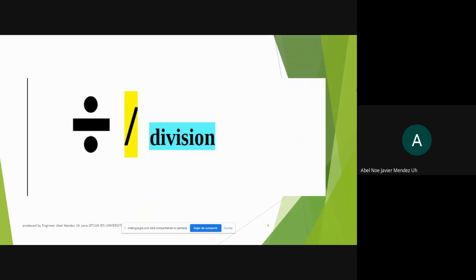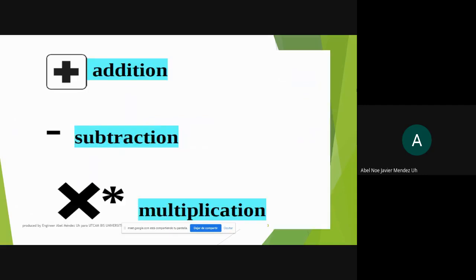The operation of division we denote by this symbol. The addition is denoted by this symbol, the plus. The subtraction is denoted by this symbol, the minus. And the multiplication is denoted by this symbol, times or asterisk.